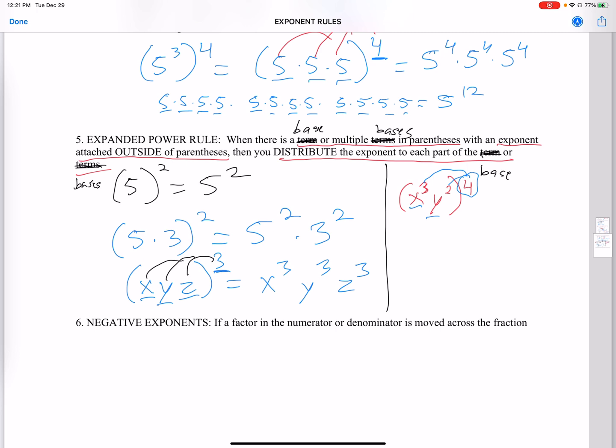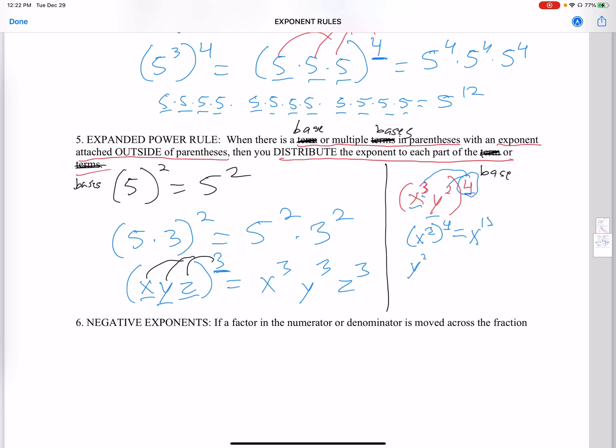If I look at them individually, I can separate them if I wanted to. X to the third to the fourth power. Remember, according to my power rule, that gives me x to the 3 times 4, which is x to the 12th. You multiply the exponents, you get x to the 12th.